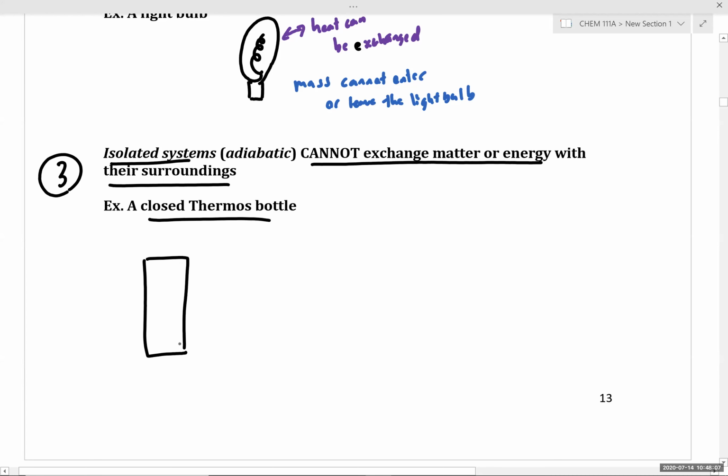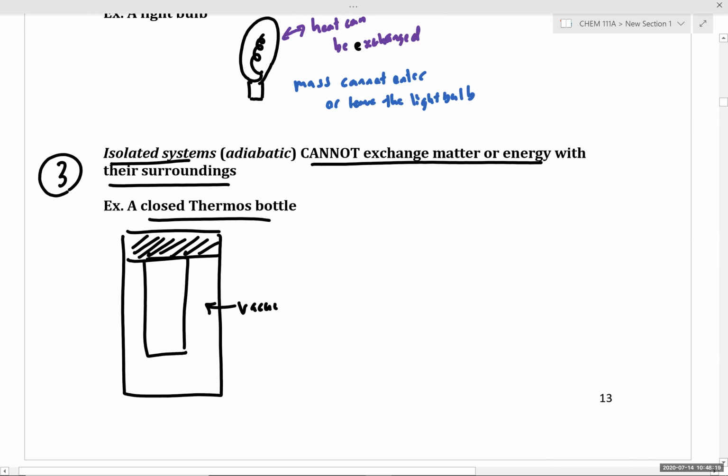So if you have one of these really fancy, inner vacuum-sealed thermoses, they're pretty cool. So this is a vacuum. So it's completely air-free.